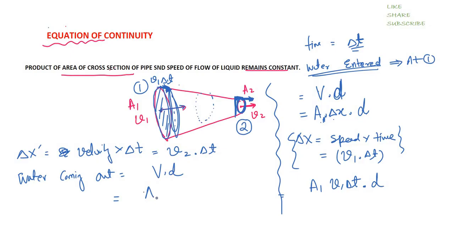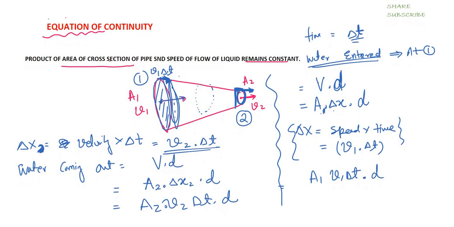And volume is nothing but area, which is A2, into the distance traveled, which I will call del x2, into density. So this is nothing but A2 into del x2, and del x2 is V2 del t, into density. This is the density of the water.